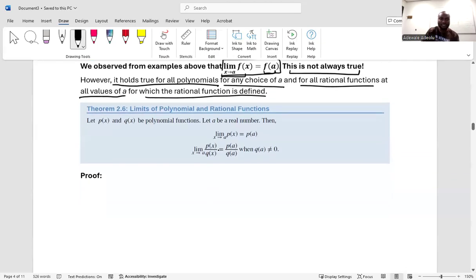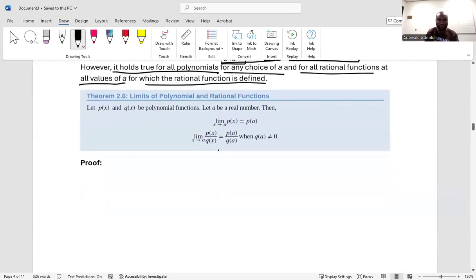Okay, let us look at something. Suppose we have P of x as a polynomial, Q of x as a polynomial, and a is a real number.